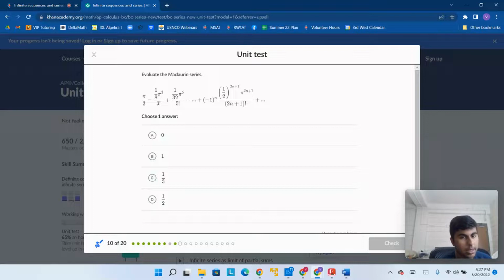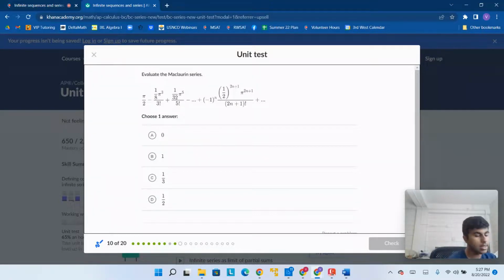I'm just going to rewrite this as pi over 2 minus pi over 2 to the third over 3 factorial, plus pi over 2 to the fifth over 5 factorial, and so on and so forth.